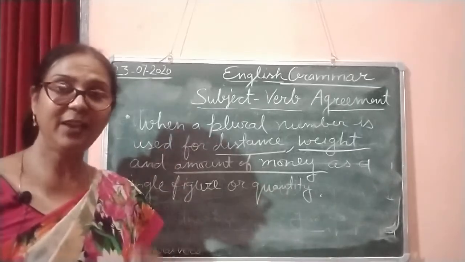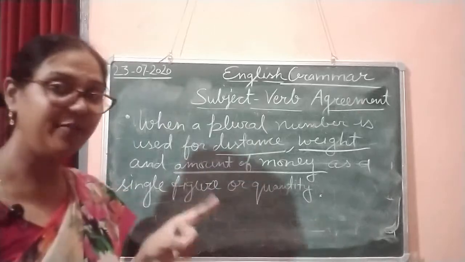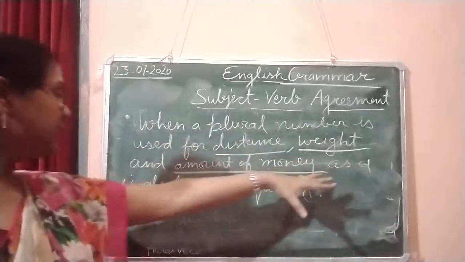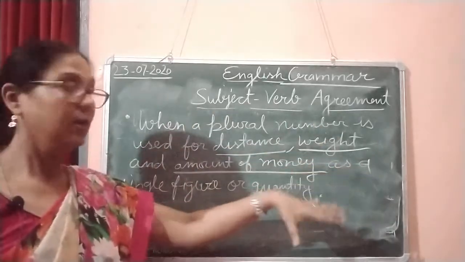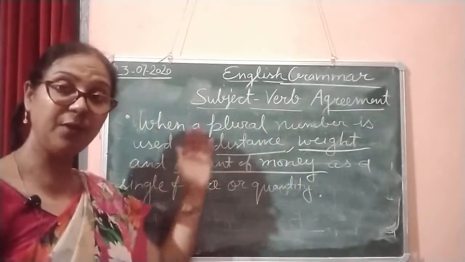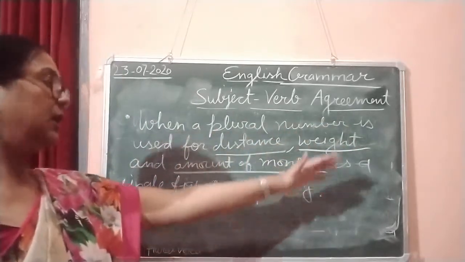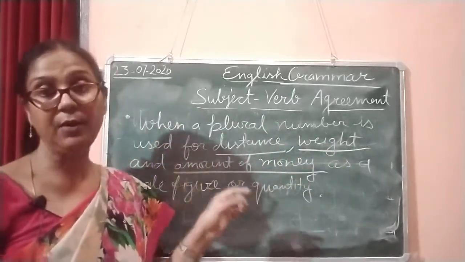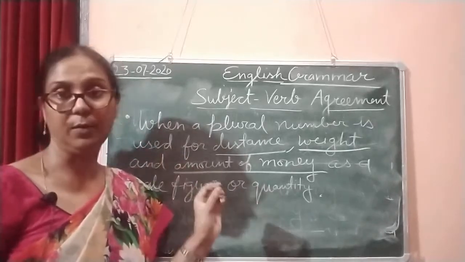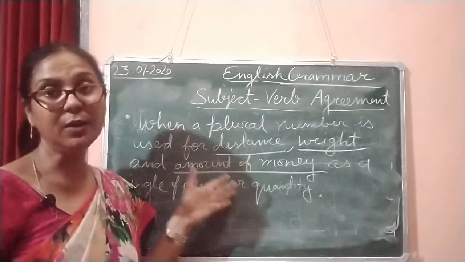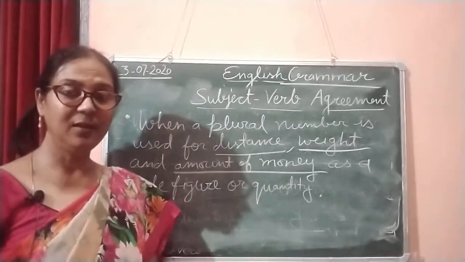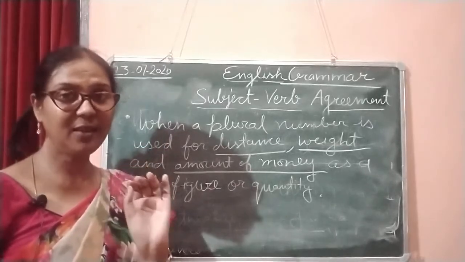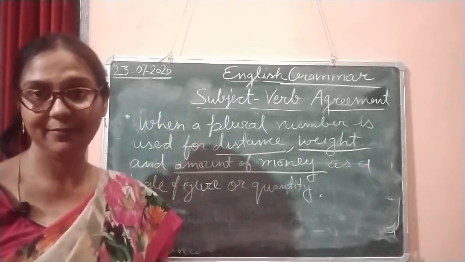Now the next very interesting point that you have to remember always is when a plural number is used for distance, weight and amount of money. When a plural number is used for weight, distance and amount of money as a single figure or quantity, we consider it singular, and we use a singular verb for these types of words. If I give you an example, a 5,000 rupees note is given or donated by an old man.